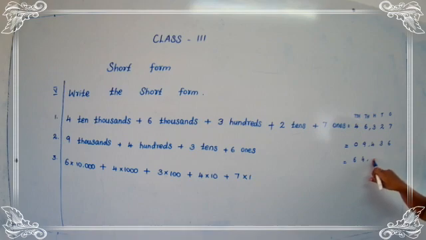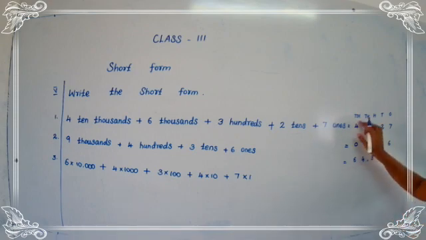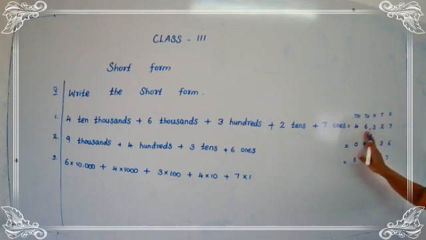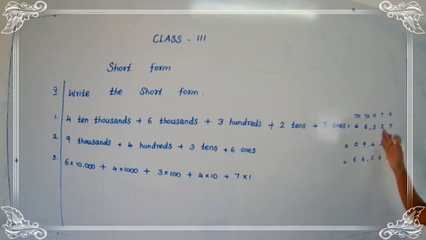Then see the 100 place value. How many 100 is there? 3. So we have to write 3 here. 300. Then 4 tens. Then 7 ones. What is this number? 64,000. The 10,000 and 1,000 you read together, and 100 you read separately.